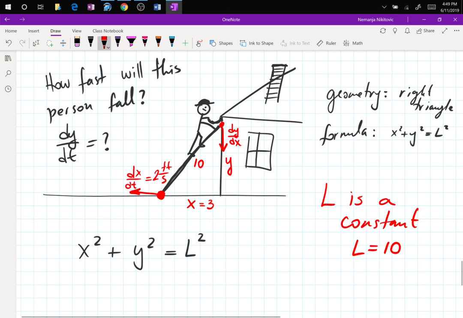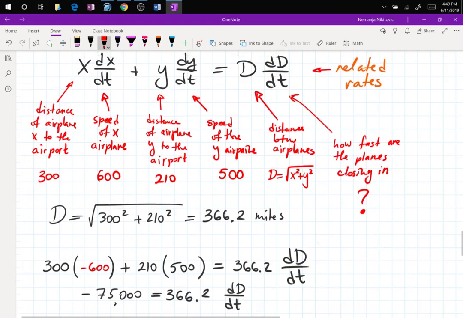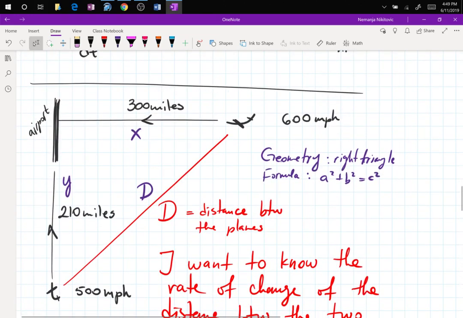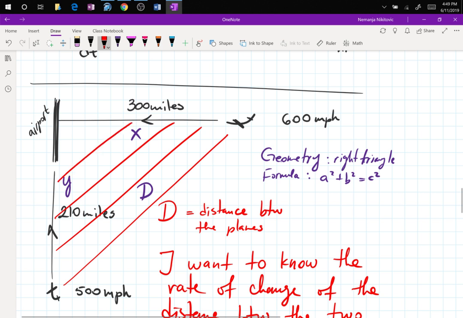L equals 10. The length of the ladder is not going to change no matter where the ladder is. Look at the previous problem with airplanes. X distance and Y distance are both changing as the airplanes get closer to the airport.